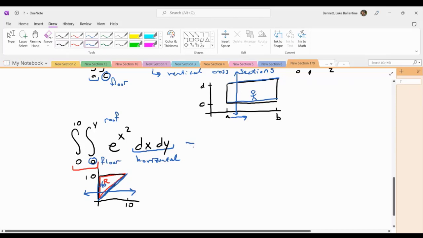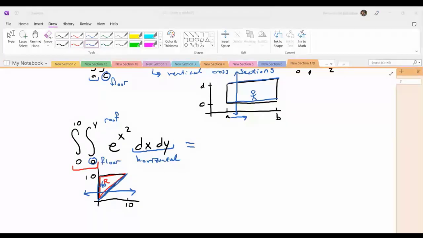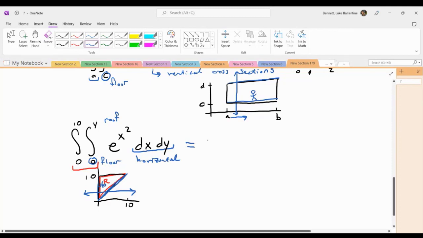And so now we're going to write this. Well, first, I deviously picked this function to be the integrand, because if you try to evaluate this as it is, you can't do it. So go ahead and try to integrate this and find that it is impossible with the current horizontal cross sections.